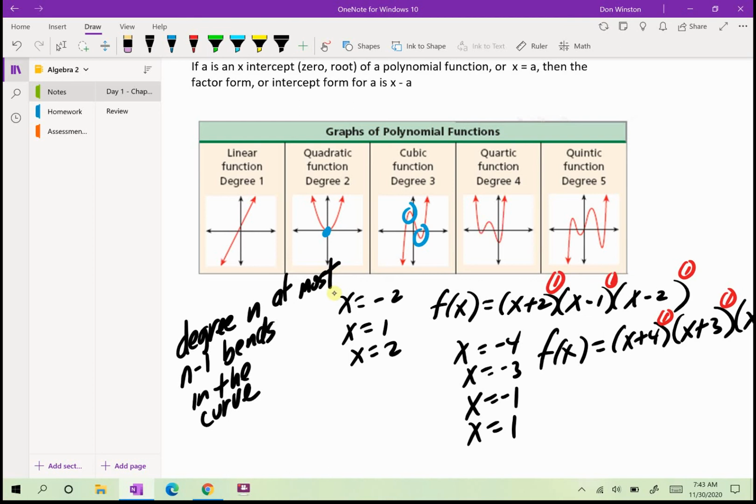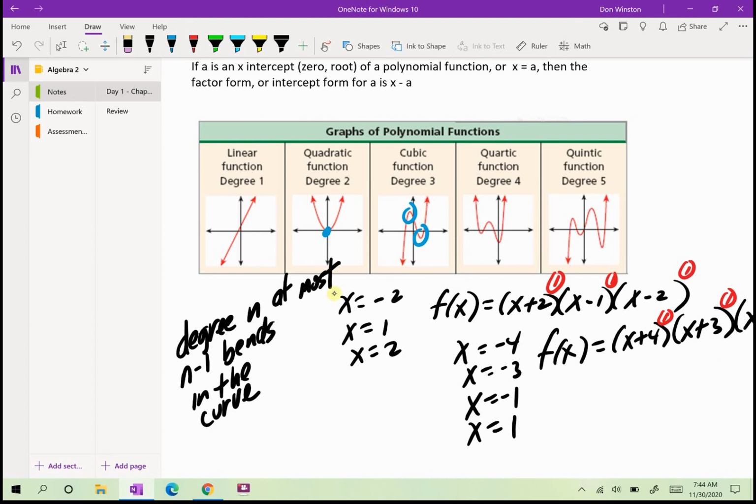When I had degree 4, how many bends did I have? I should have at most 3: 1, 2, 3. Degree 5, I should have at most 4 bends: 1, 2, 3, 4. Degree 4 at most 3 bends.